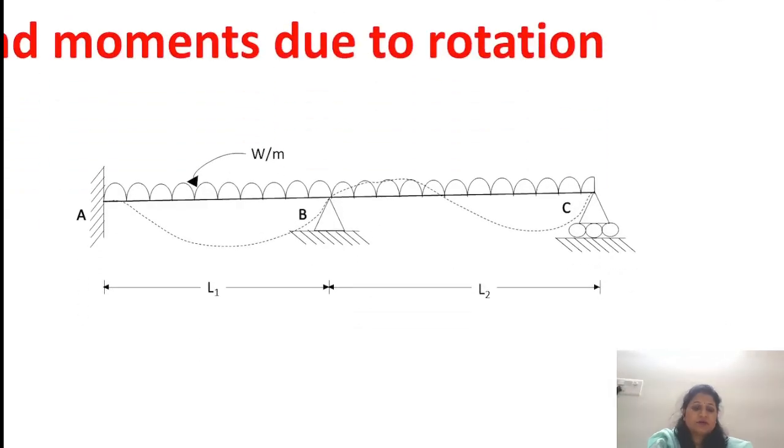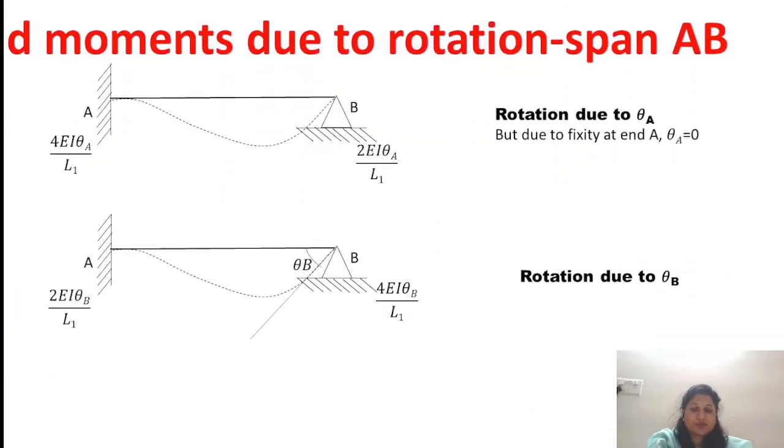Now, this is the bending behavior we can see in this diagram. For AB, it is a sagging moment, and for span BC, the behavior is upward and downward, sagging and hogging, both bending actions we can see.